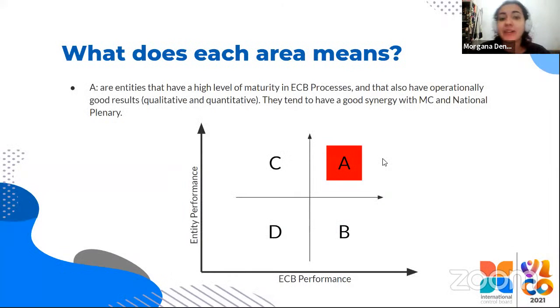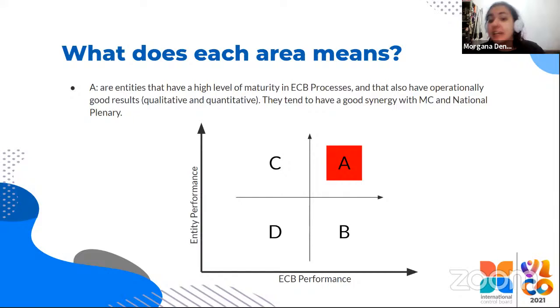So when we talk about area A, there they have high entity performance and high ECB performance. That's basically where some entities of cluster 1 and 2 are right now. Basically, that means they have a high level of process maturity, like having HPC, having audit established, having case trackers, and so on. And they also have operationally good results, either a high number of exchanges or a high finished-to-completed percentage, which puts leverage.